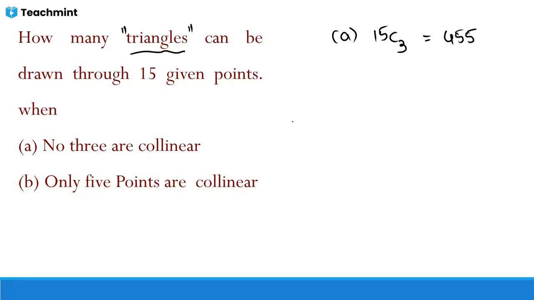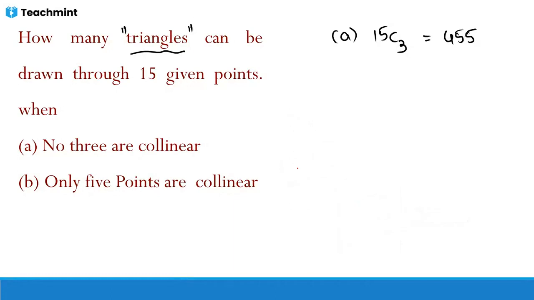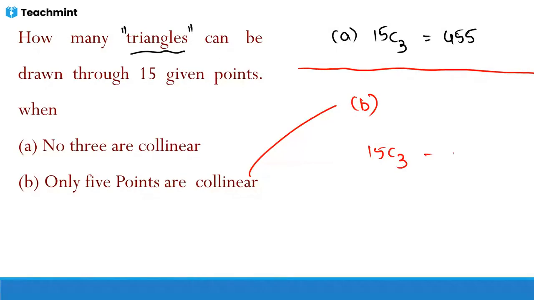So the number of triangles is 455, whereas if they ask regarding 5 points that are collinear, the shortcut is 15C3 minus 5C3. Sir, why minus 5C3? If 5 points are in the same line, joining them, a triangle cannot be formed. Remove it. So it's 445 by shortcut.